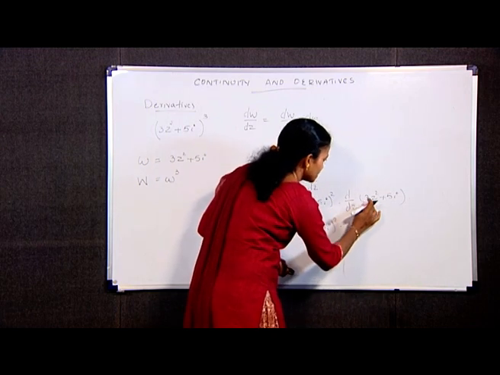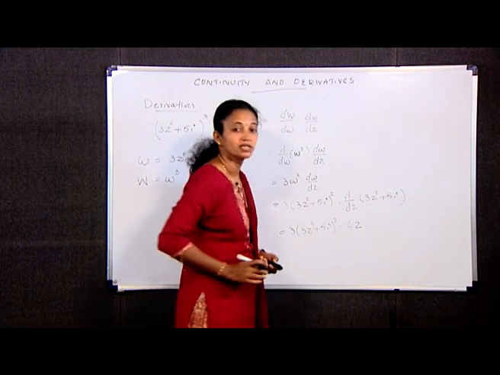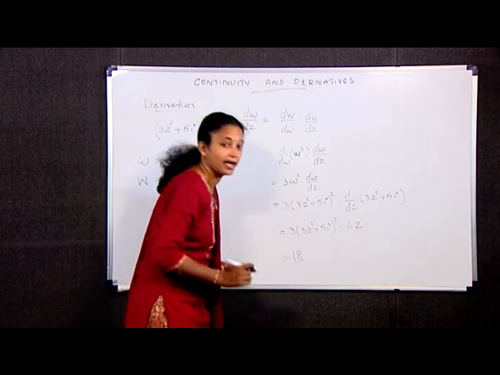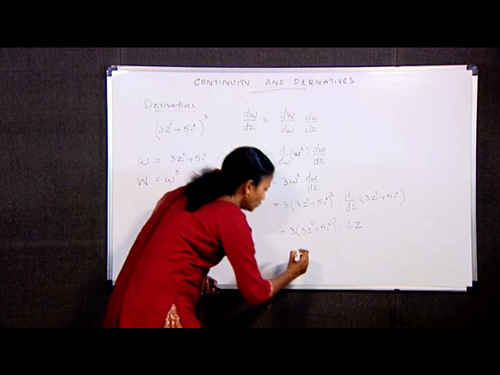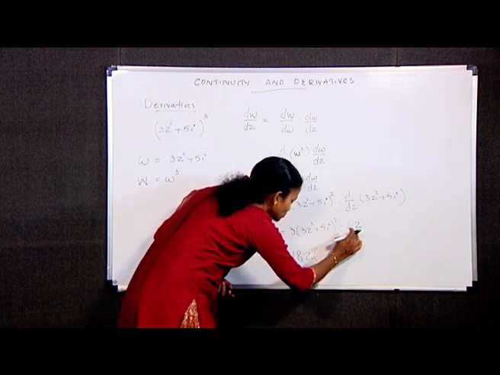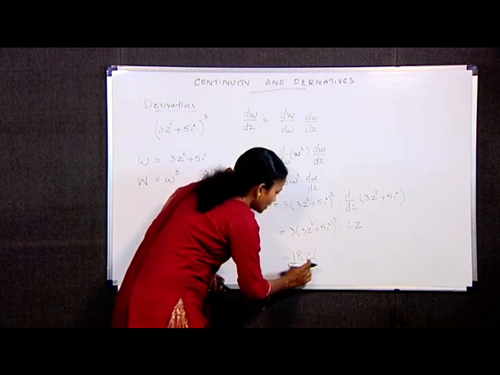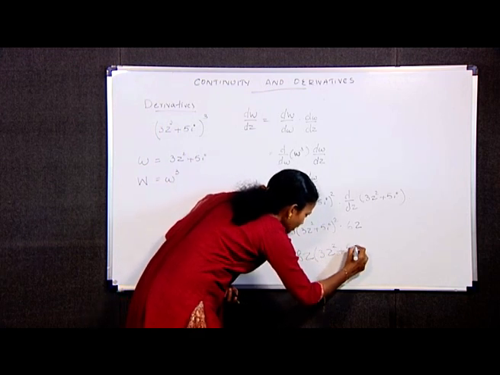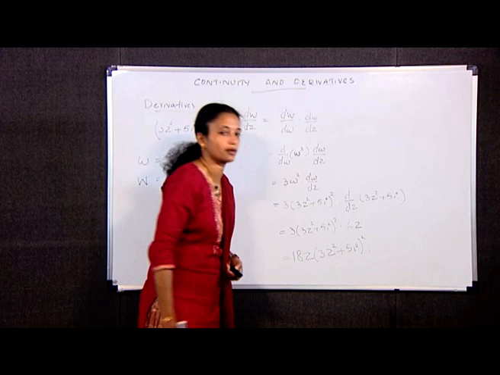That is, d by dz of 3z square is 6z. So altogether we have the result: 3 into 6 is 18z into (3z square plus 5i) whole square.